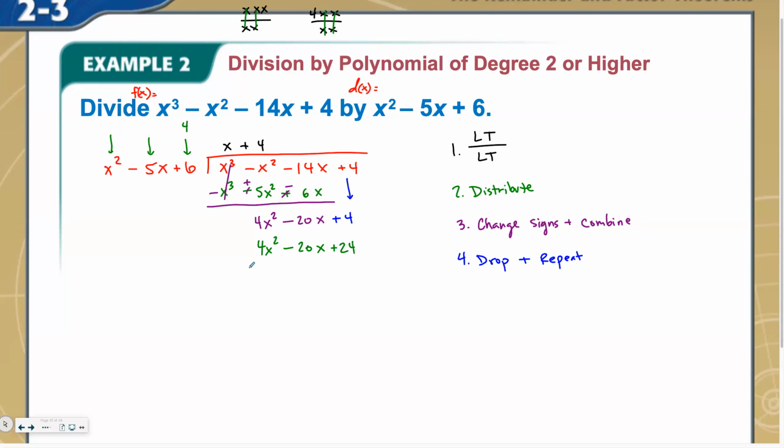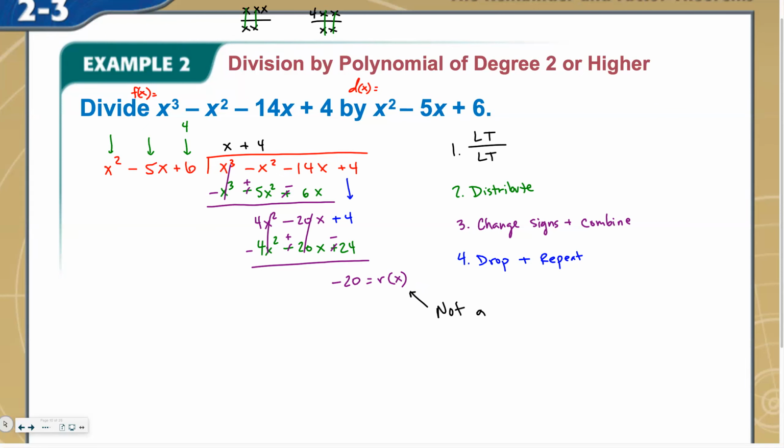Change the signs. Thank you, Aaron. So that becomes negative. This negative becomes positive, and the positive becomes negative. These simplify. 4 minus 24 is negative 20. What do you call the negative 20? The remainder. So this right here, is it a factor or not a factor? Good. This is not a factor.